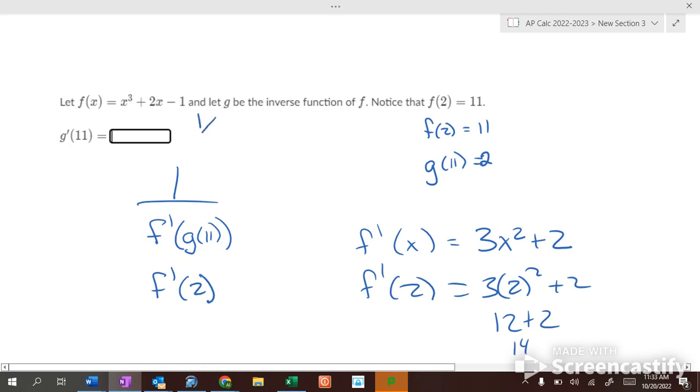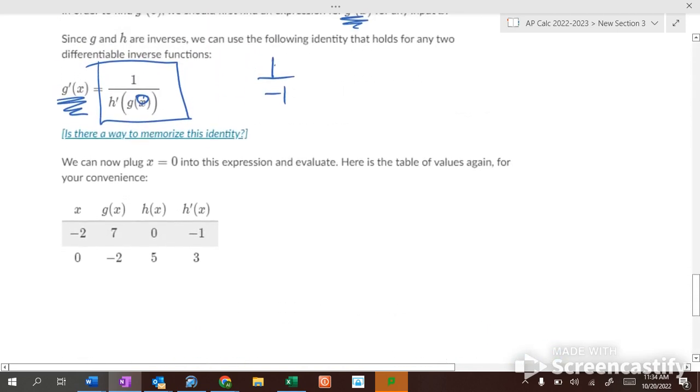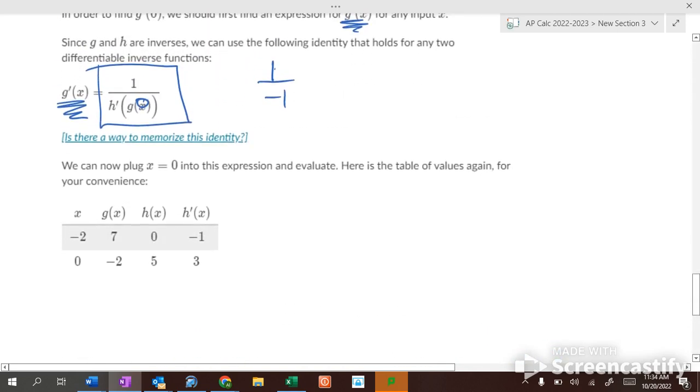So we should get 1 over 14 as our answer by following this formula right here. Okay, so it's the g of the x that you're given. Plug it in. You find the first derivative of the other function, if they're inverses of each other, and go 1 over that. Okay, those are inverse functions.